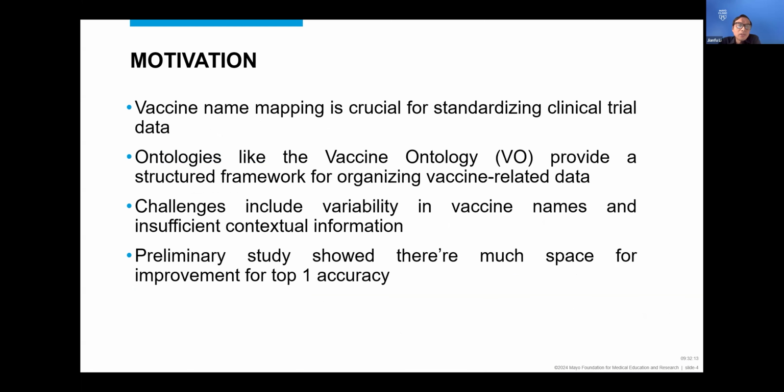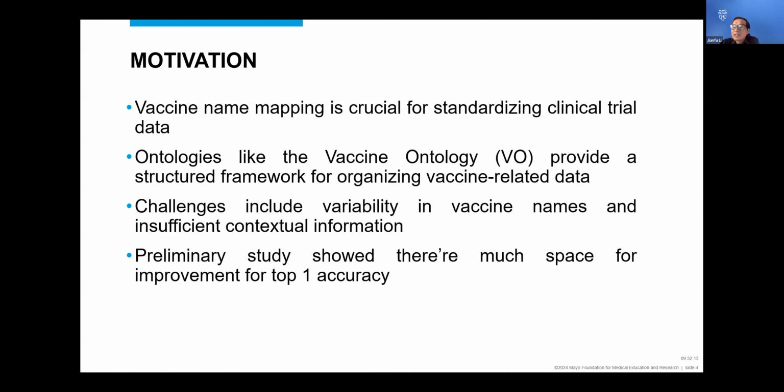So here, this is our motivation. Vaccine name mapping is crucial for standardizing clinical data. Ontologies like the vaccine ontology provide a structured framework for organizing vaccine-related data. However, there are some challenges, like the variability in vaccine names.